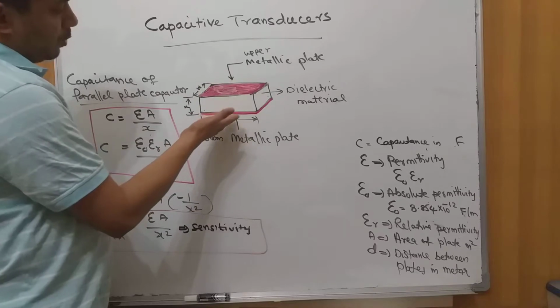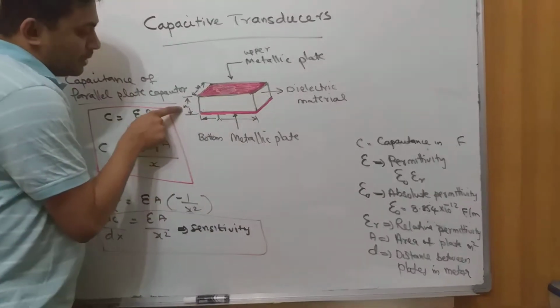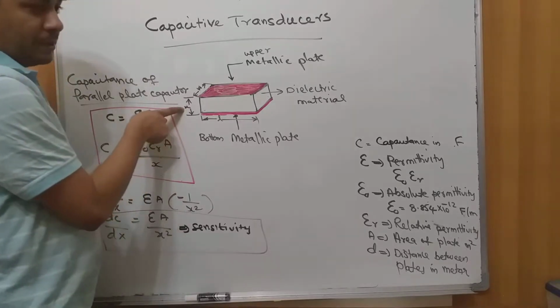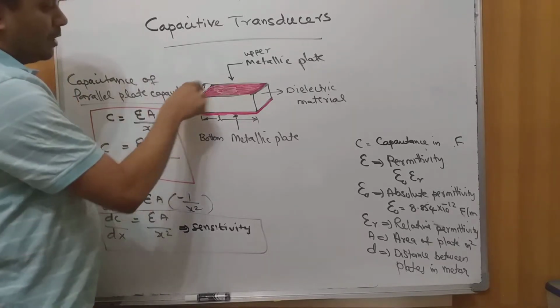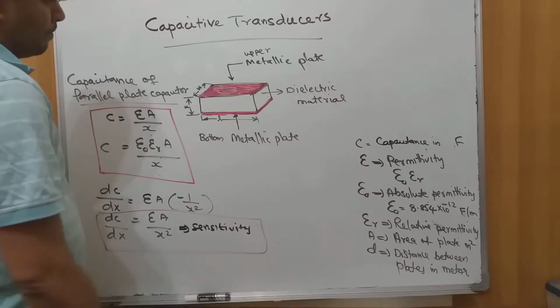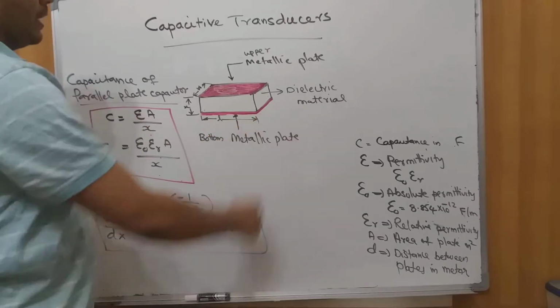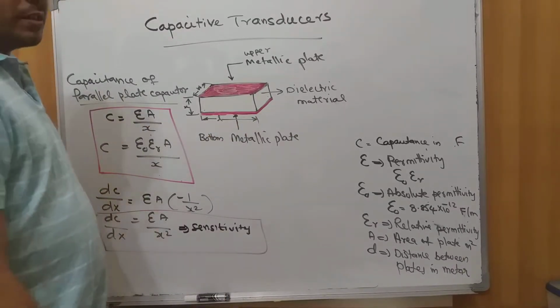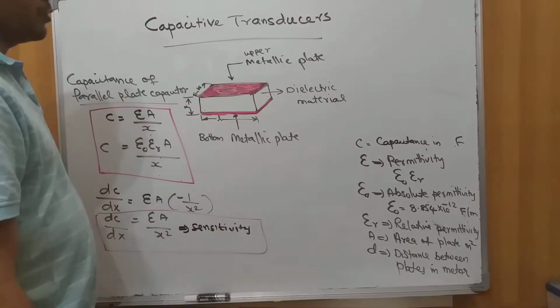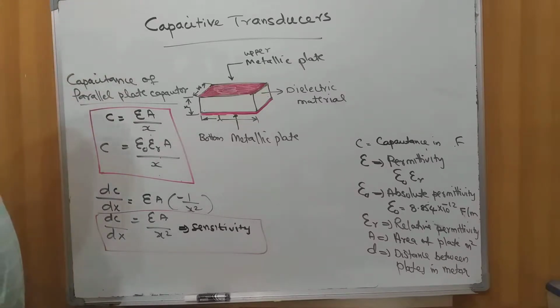There's an upper plate and a lower plate. The thickness is indicated by X, the width of the plate is W, and L is the length of the plate. Of course, this dielectric material has some dielectric constant, epsilon R, which we are going to discuss soon.